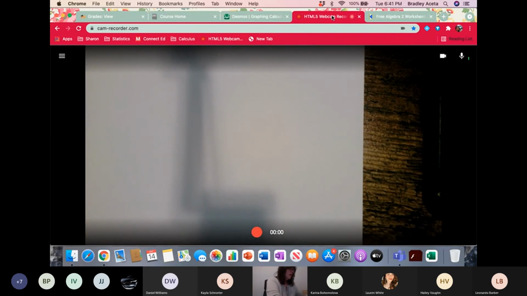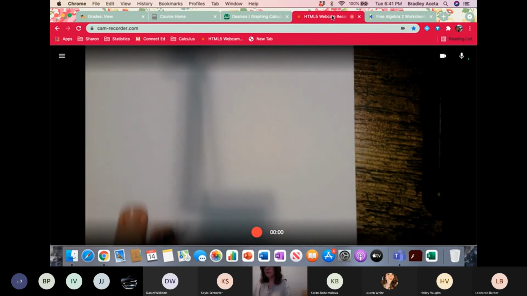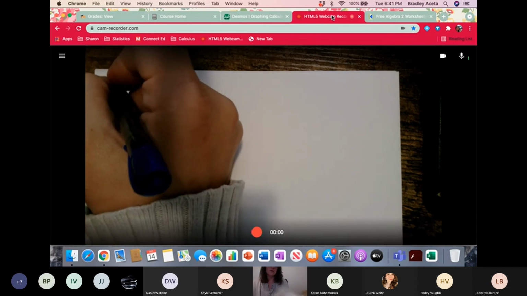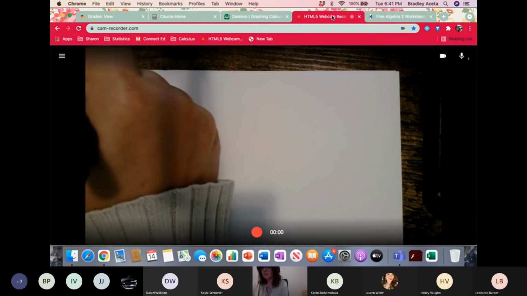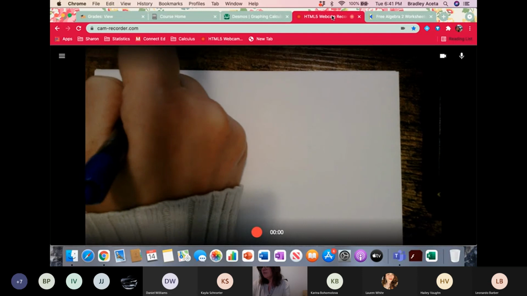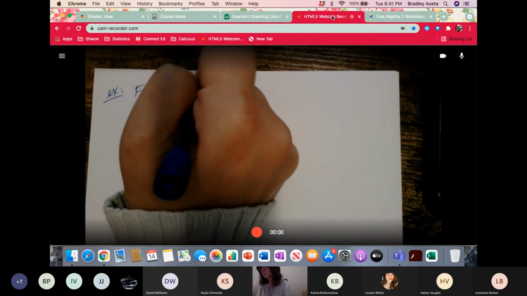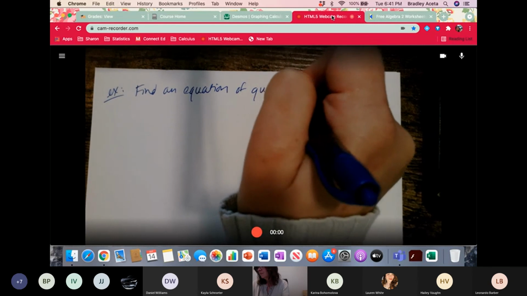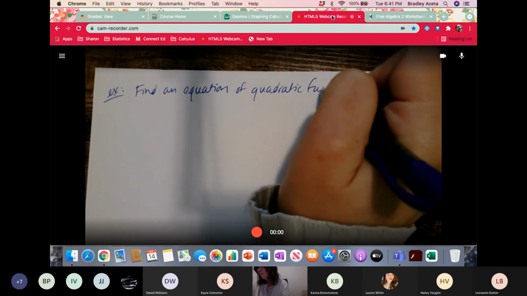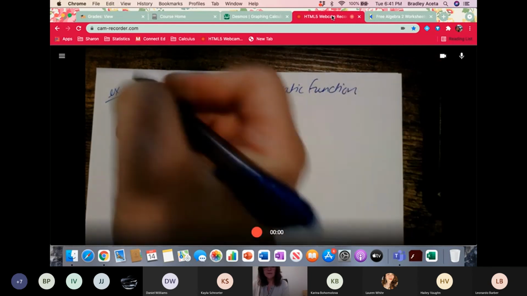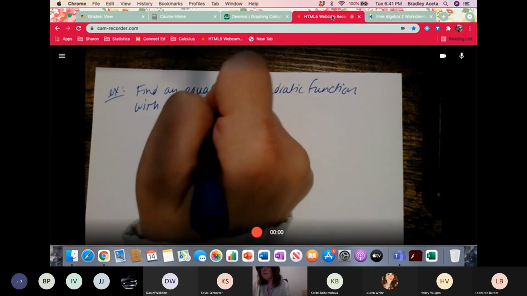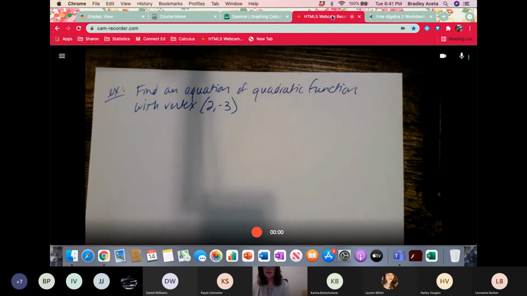One more little interesting problem that they'll give you tonight. This one's probably, I'd say this one's the hardest one. Again, everything else you could probably read off of a graph. It says, find an equation of a quadratic function with a vertex at 2, -3.